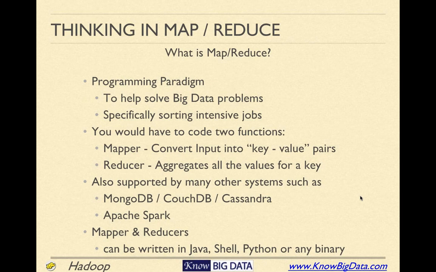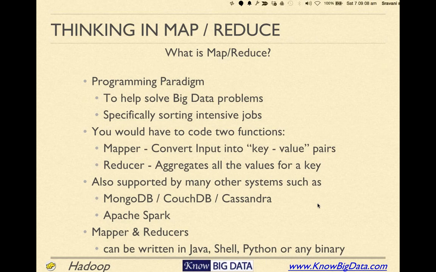Okay, so a brief introduction of MapReduce again. MapReduce is basically a programming paradigm. It helps you solve big data problems, specifically sorting intensive jobs. And you generally have to write two functions. One is called mapper and the other is called reducer. The mapper function, this is the code you will write.